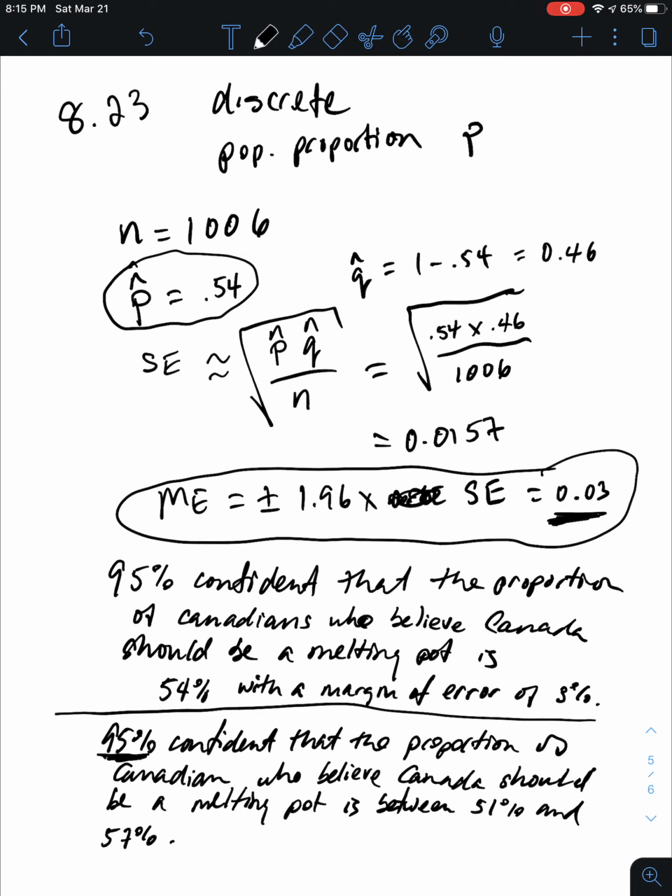We cannot dispense with this confidence level, though. We have to quote it. It's very important. Otherwise, we are not making true statements. If we just say that the proportion is between 51% and 57%, that denies the possibility that we may have taken a sample which was a bit off.